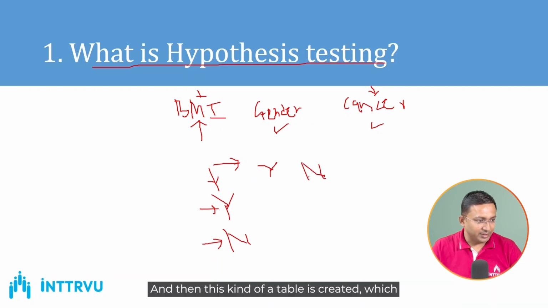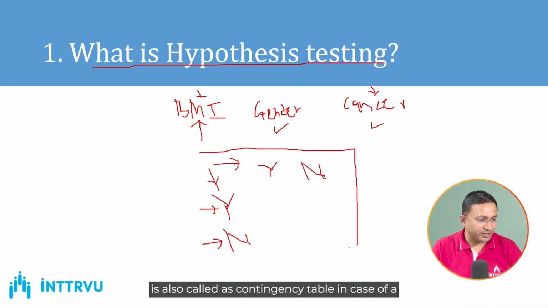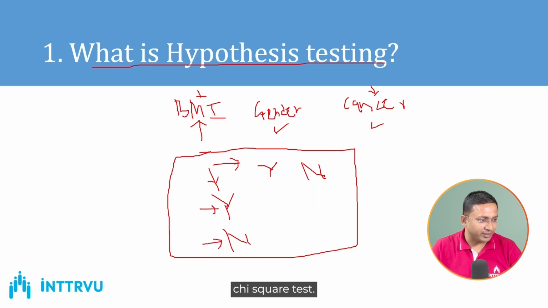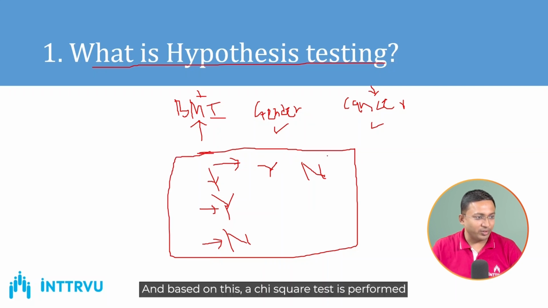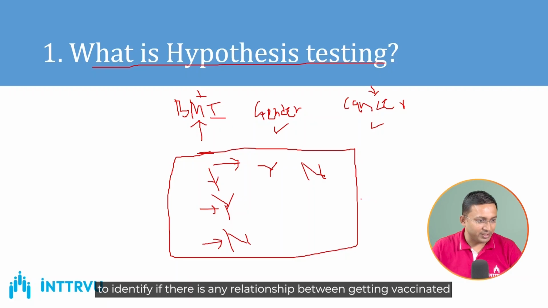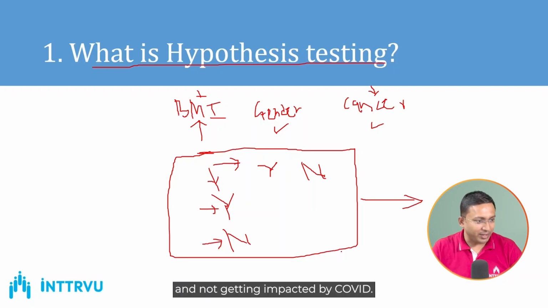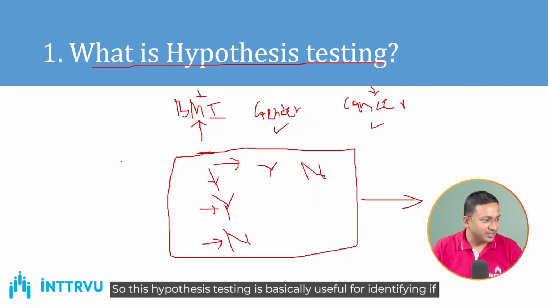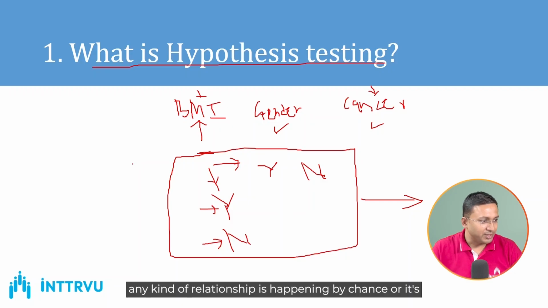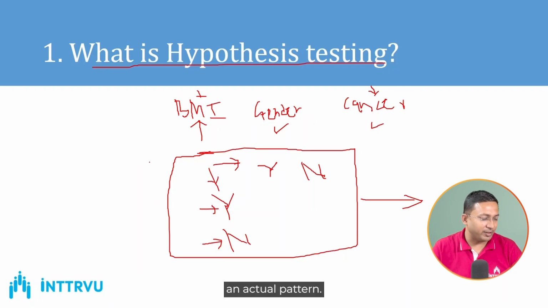This kind of table is also called a contingency table in the case of a chi-square test. Based on this, a chi-square test is performed to identify if there is any relationship between getting vaccinated and not getting impacted by COVID. So hypothesis testing is useful for identifying whether any relationship is happening by chance or it's an actual pattern.